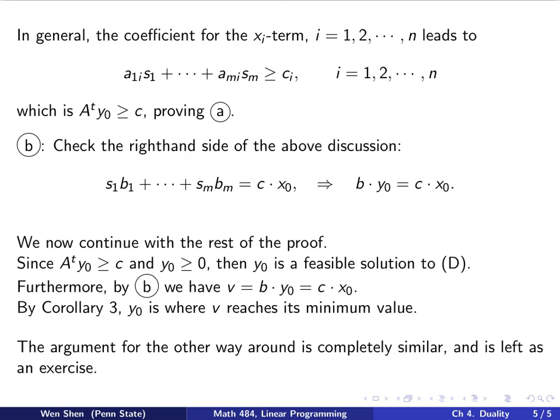Now, the other part of the argument, the other way around, assuming that the min problem has a solution, to show the max problem also has a solution and the max and min are the same, can be proved with a completely similar argument. We will not go through the detail. I'll leave it as an exercise. Okay, I hope you enjoyed this, and I'll see you next time.